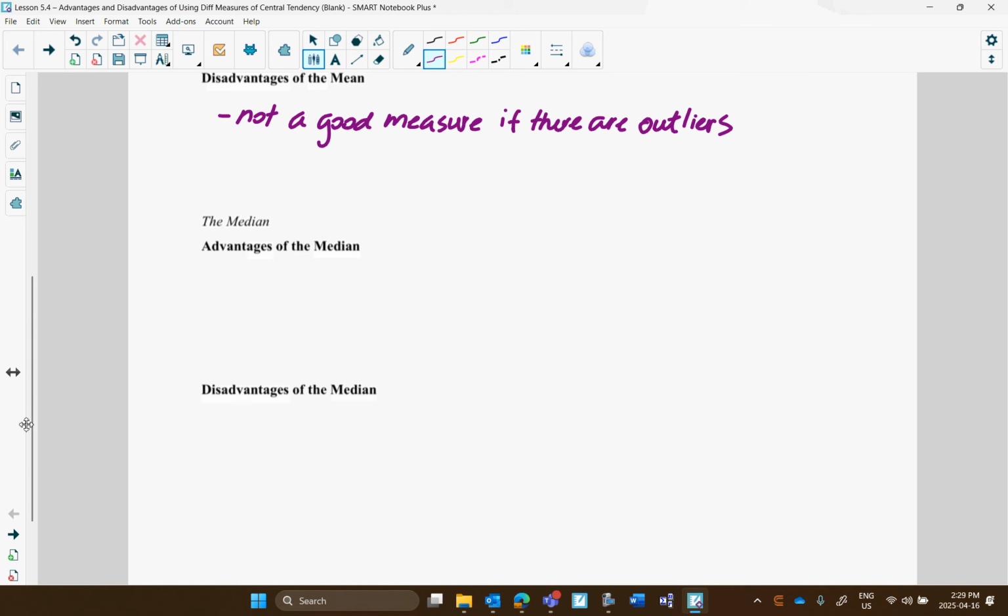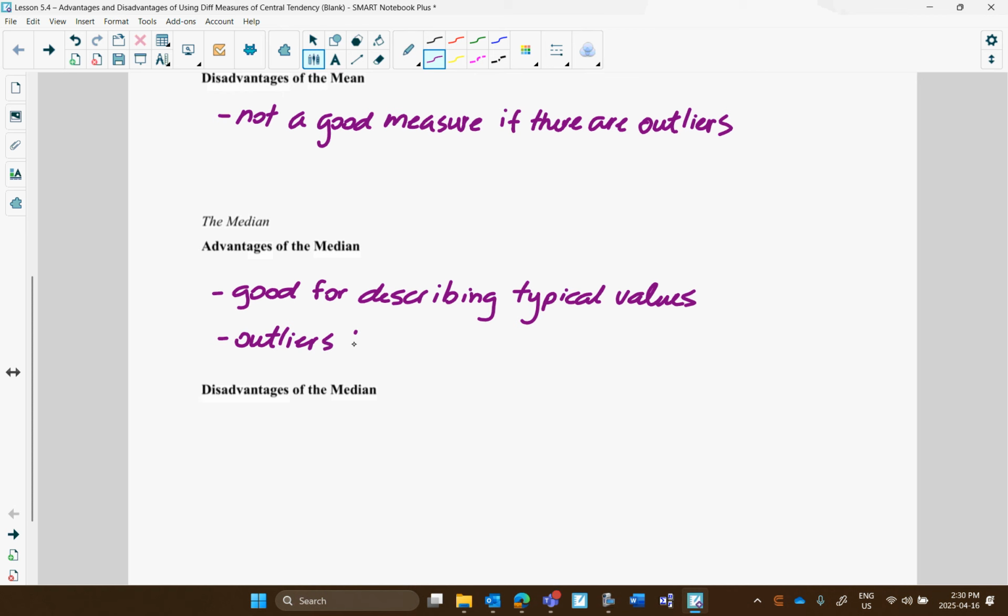So it's good for describing typical values, and outliers have very little effect on it.